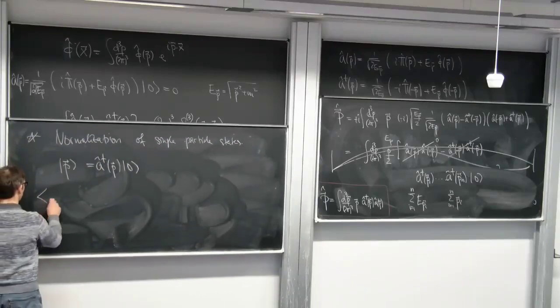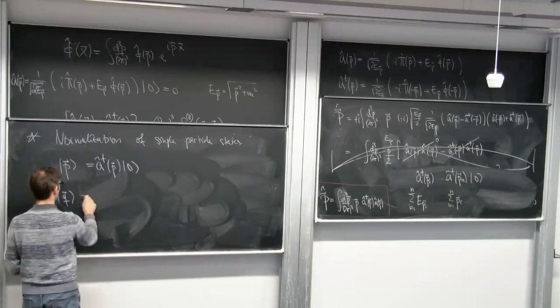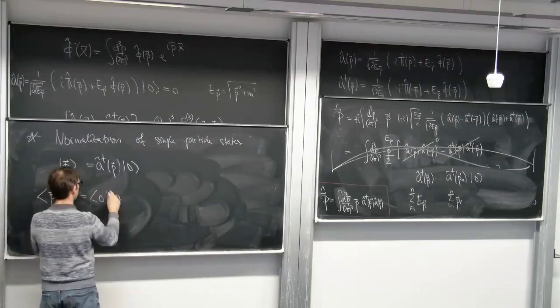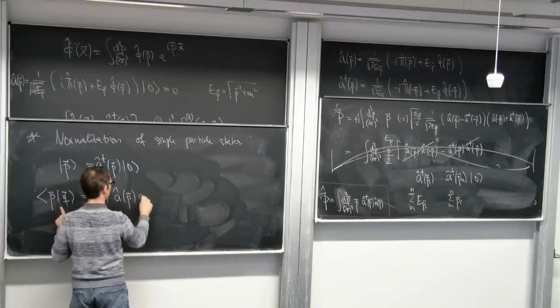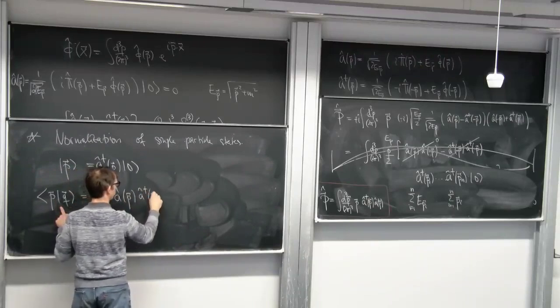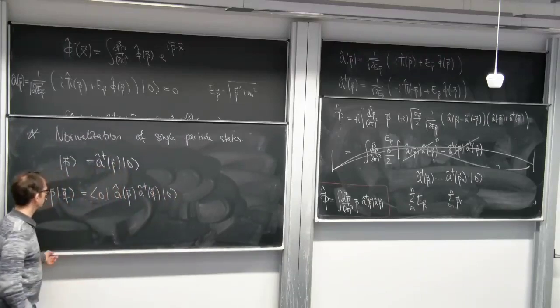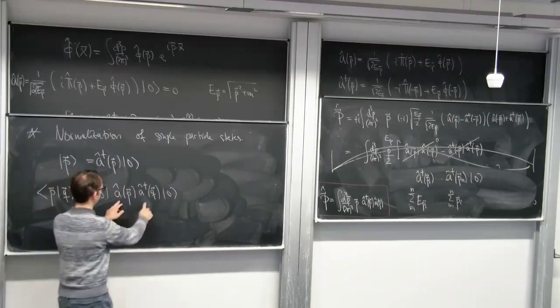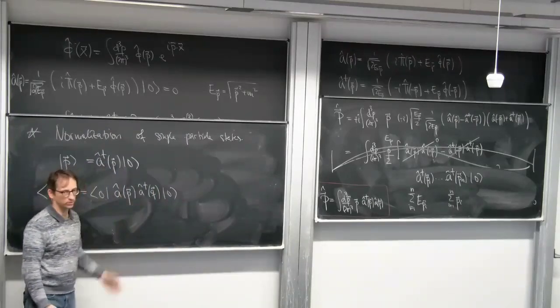What does it mean for p with q? Q is, of course, the same thing. This is 0, then the dagger is p on the left, and then we have an A of q on 0. And how do you evaluate these things? Do you know yet how to evaluate this thing? How can we proceed there?